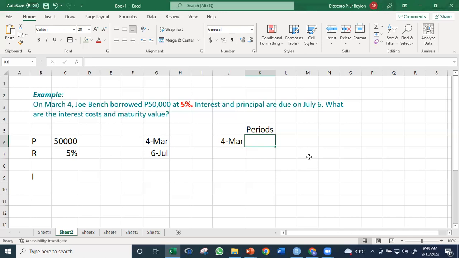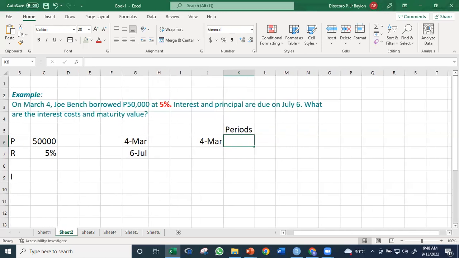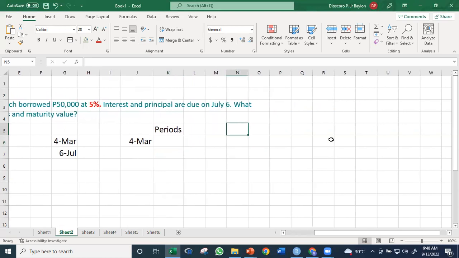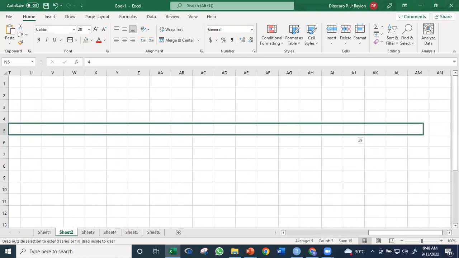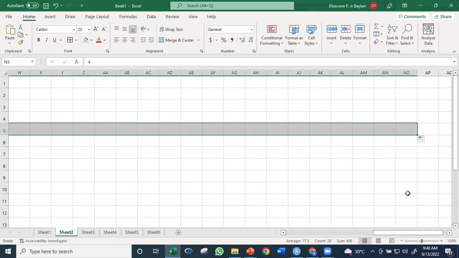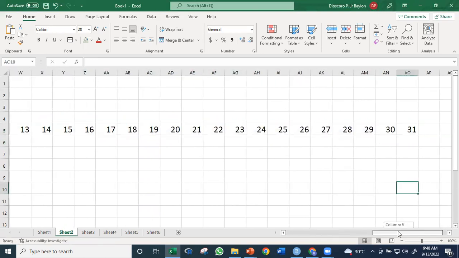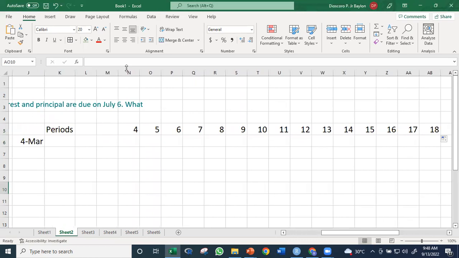And then 5 to 6, and then 6 to 7, 7 to 8, until 30 to 31. If you're going to count that, how many periods are there? Let me illustrate that. 4, 5, 6. So when we're counting interest, we're counting periods. Just to be clear.